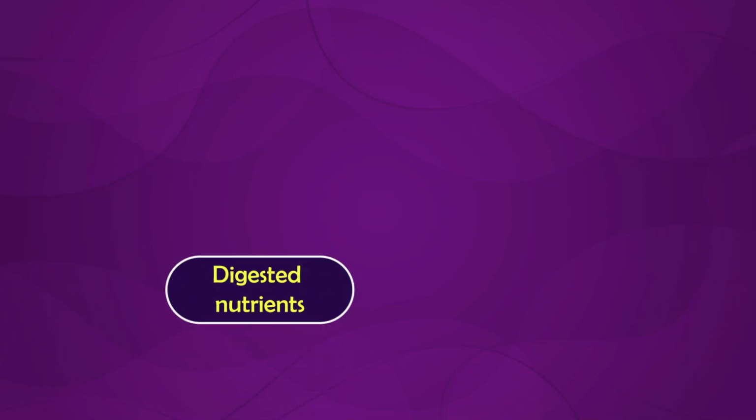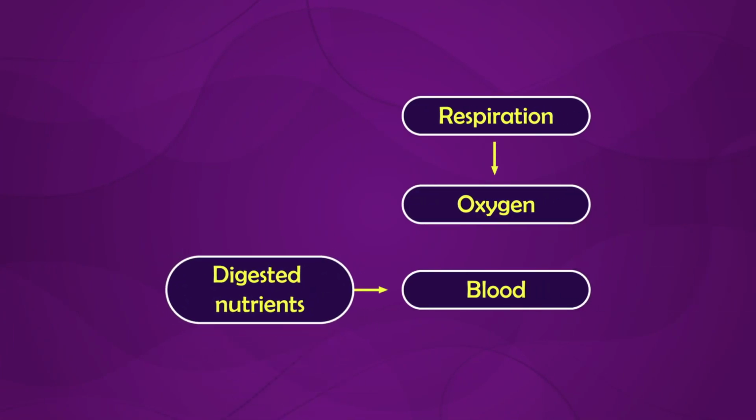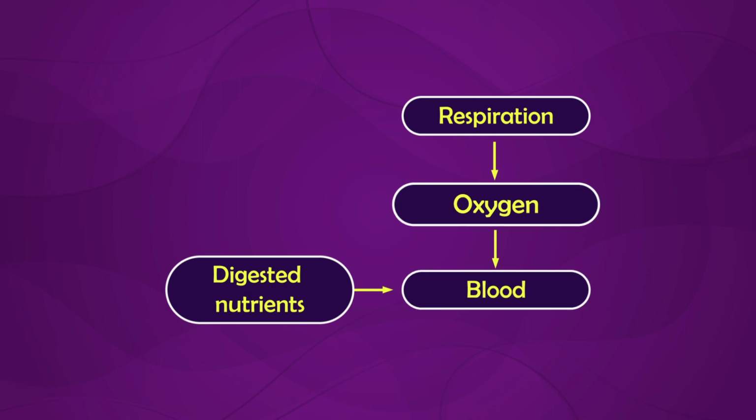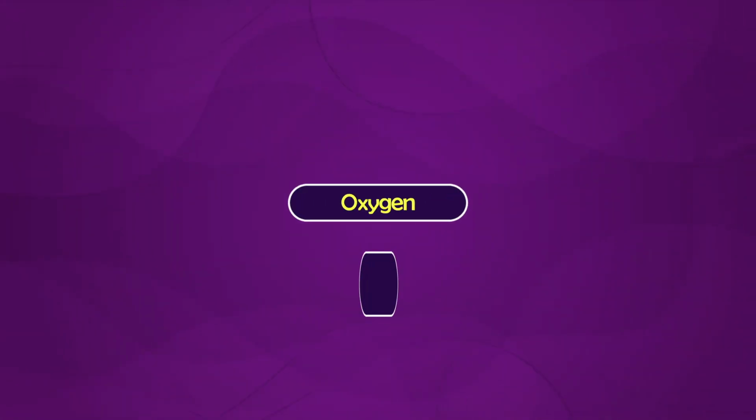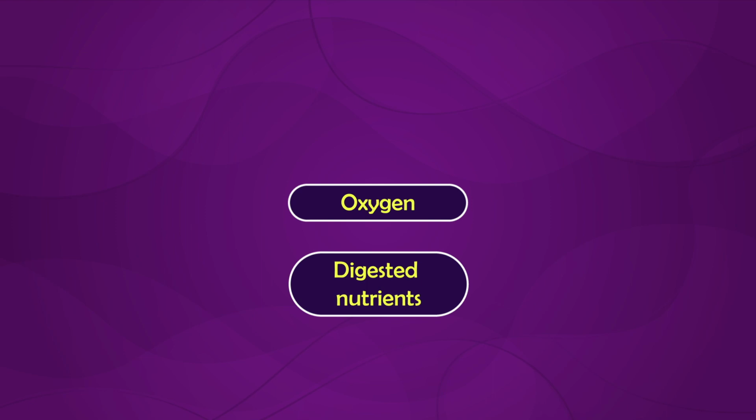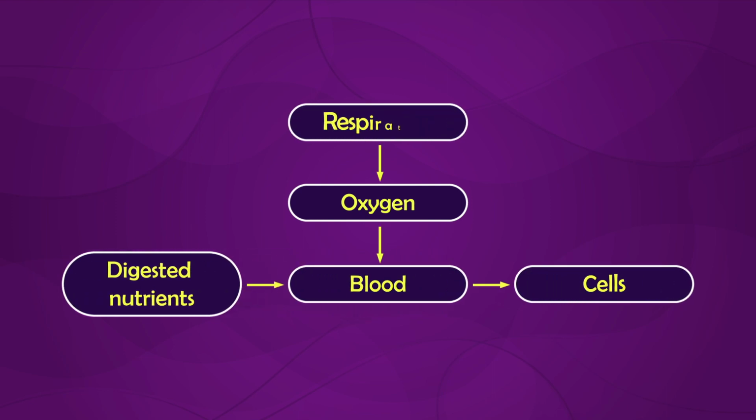These simple substances or digested nutrients are absorbed into the blood, and the blood absorbs oxygen through breathing, which is a part of respiration. Oxygen and digested nutrients are transported by the blood to each cell.